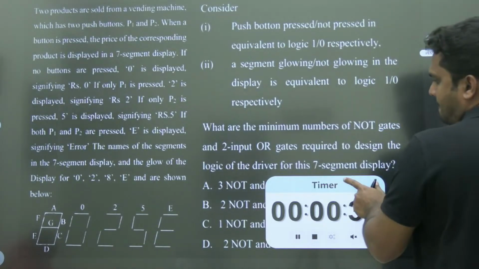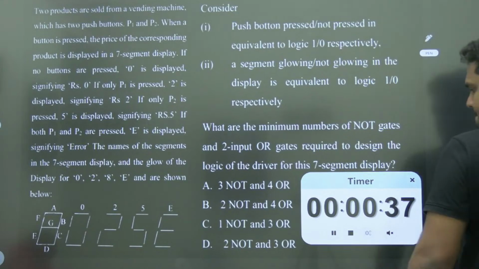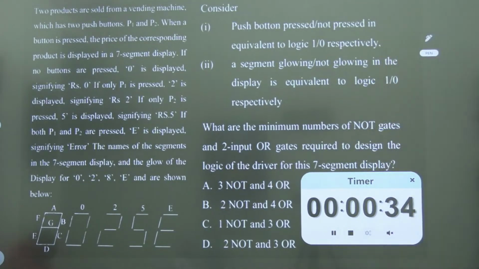Read. Same statement, but only extra: what are the minimum number of NOT gates and two-input OR gates required to design this logic circuit?